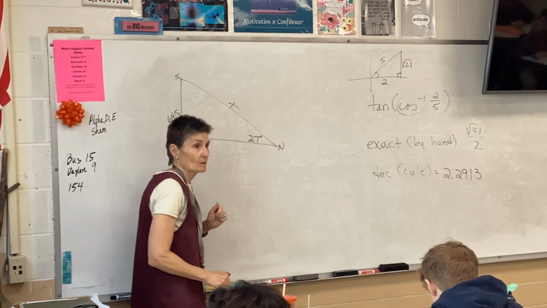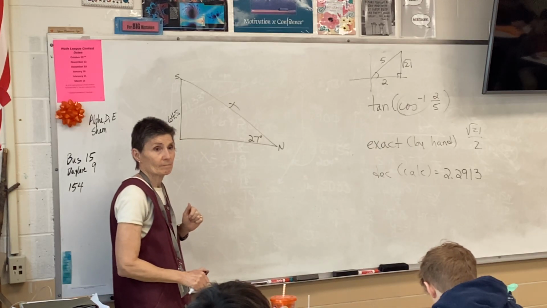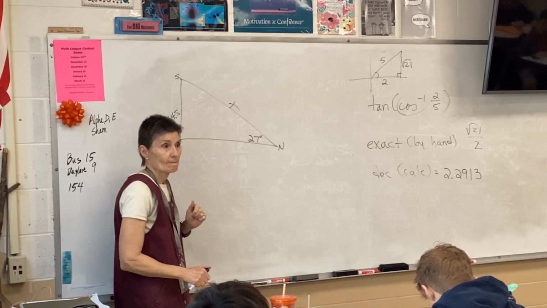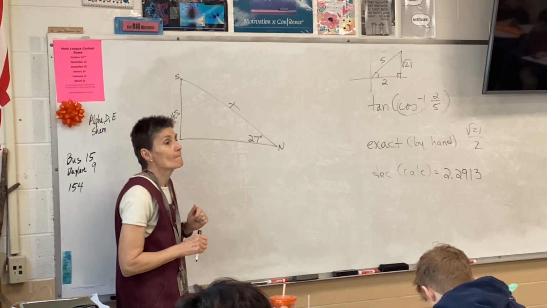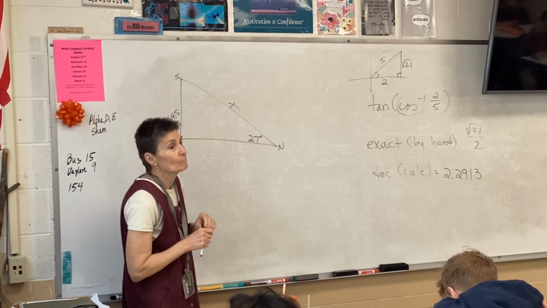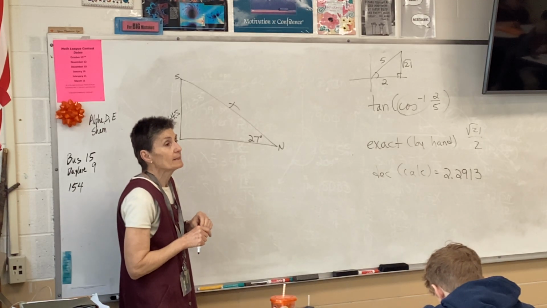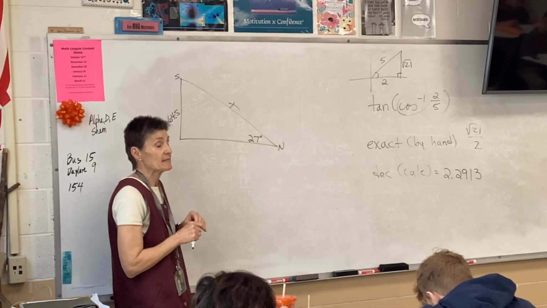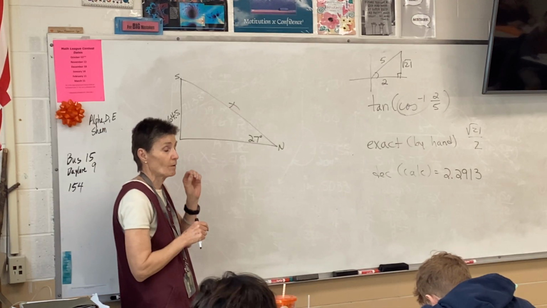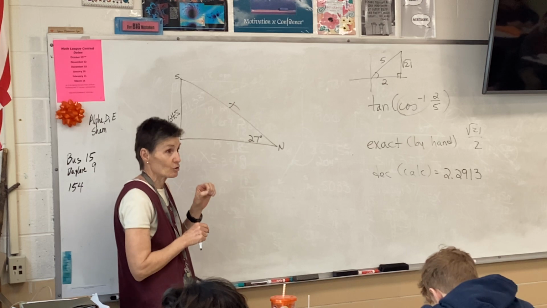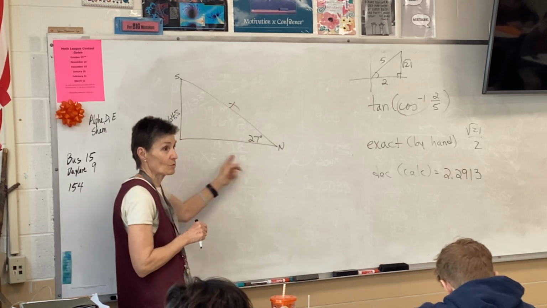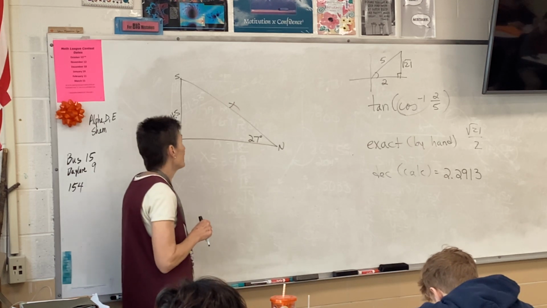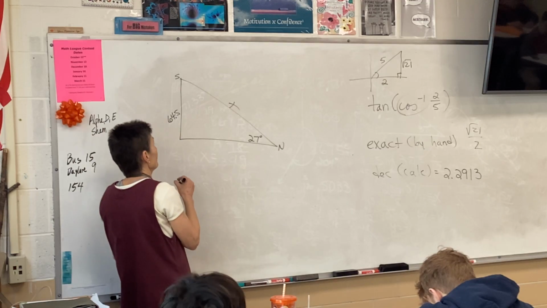Hypotenuse, squirrel to nut. Doesn't it say from the nut to the bottom of the tree? Yep, if it said find the distance from the nut to the tree, that would be this distance right here. All right, sine, cosine, or tangent?